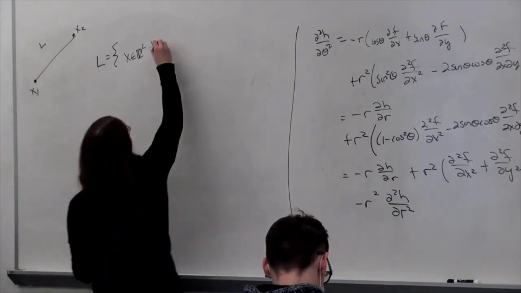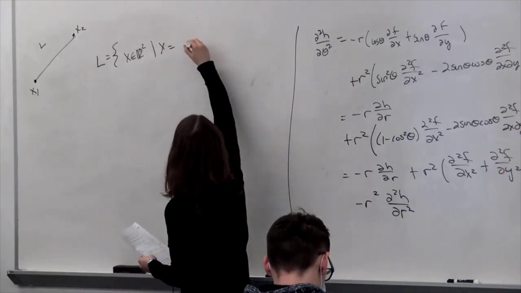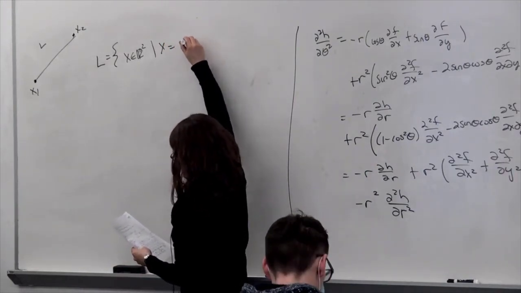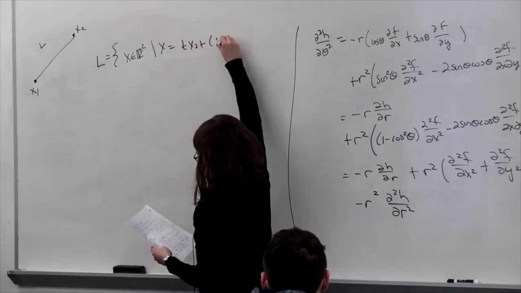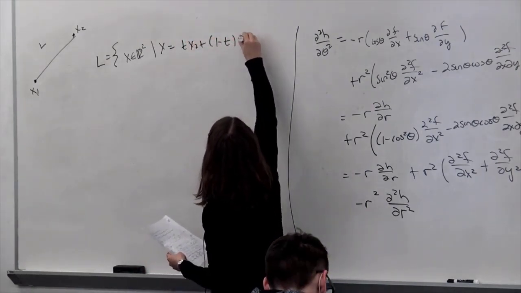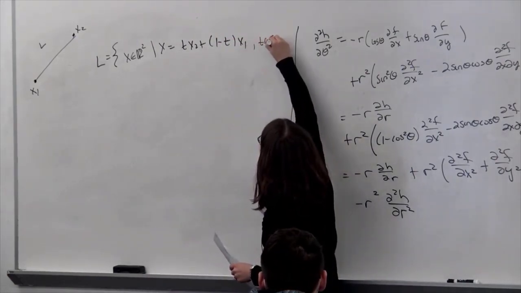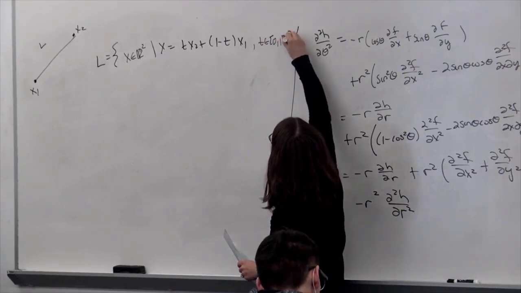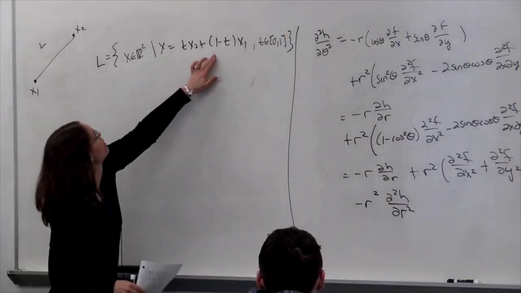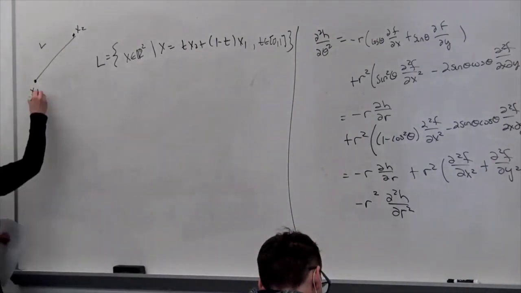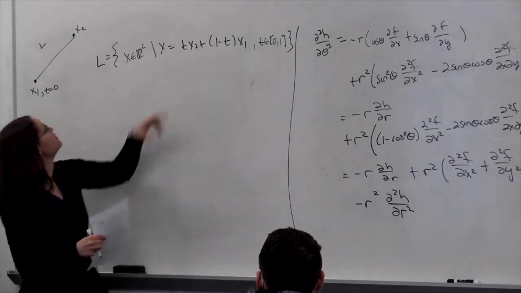So it'll be x of the form x1 plus, let me write this in a consistent way, t times x2 plus 1 minus t times x1, where t is between 0 and 1. All right, so t equals 0 means I'm at x1. T equals 1 means I've traveled to x2.